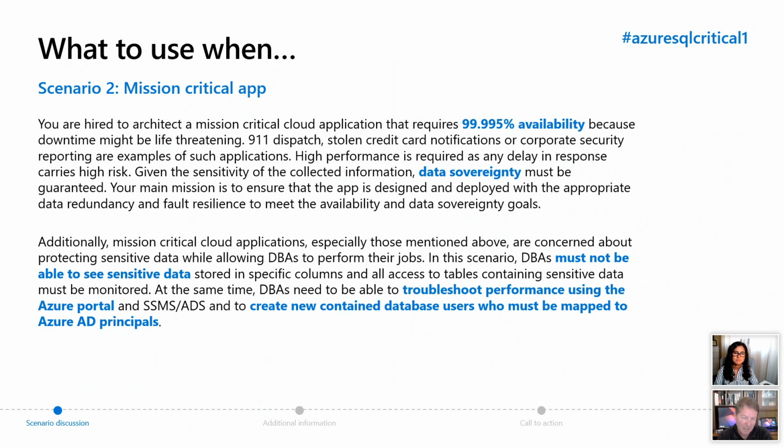At the same time, DBAs need to be able to troubleshoot performance using the portal. That could imply RBAC, if you think about it. Because remember, you're using resources outside SQL, and you need to give permission to somebody to look at something outside SQL. So actually, it turns out sensitive data, this feels like a very security-related set of concepts in the second paragraph to me. Yeah, definitely.